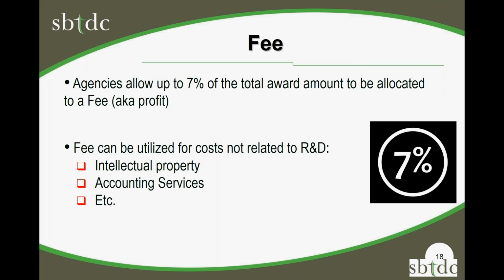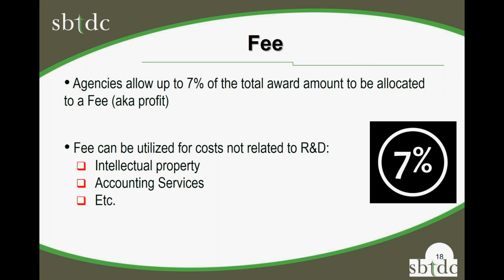This funding can be used for expenses that are not related to the research and development that you're carrying out. So there are a lot of expensive things that your business is going to incur as you proceed through the R&D process, like intellectual property protection, patents, trademarks, trade secrets, etc. So legal expenses. You're going to have accounting service expenses.